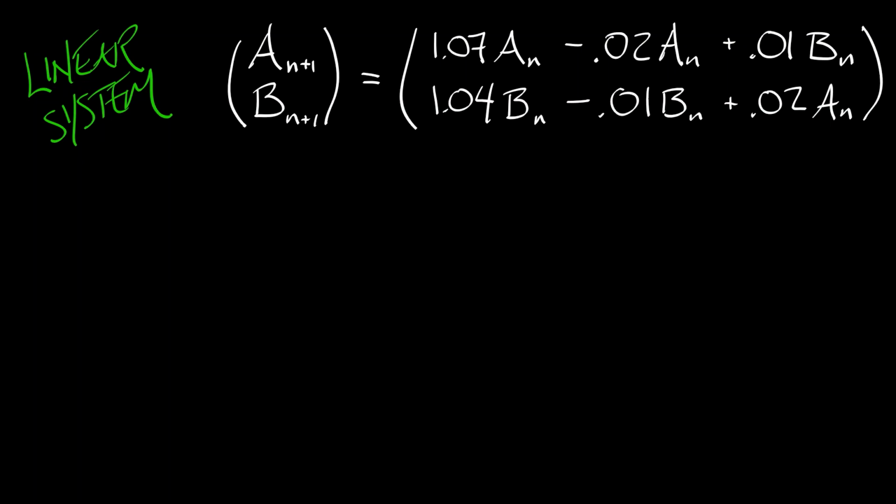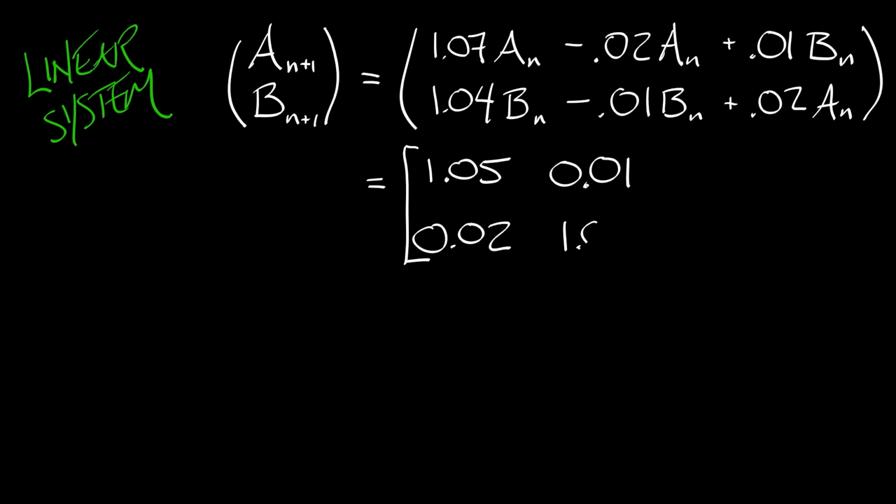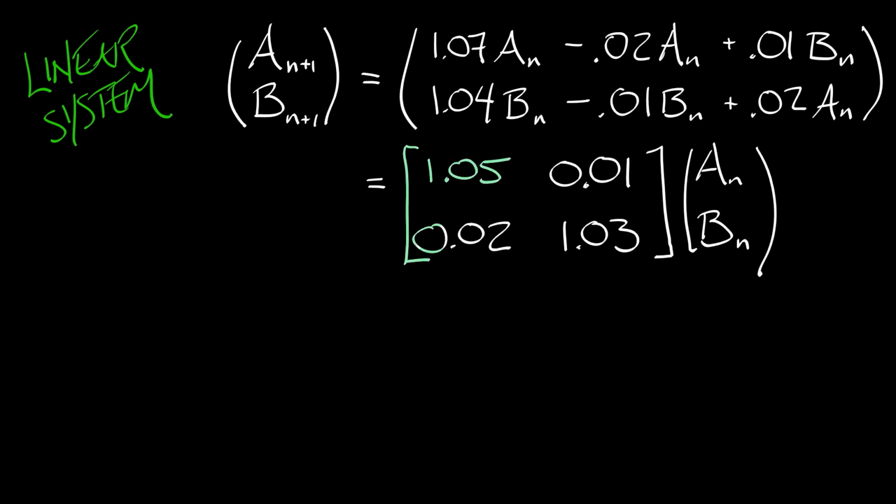If I collect all of these constants into a matrix, the entries are 1.05, 0.01, 0.02, and 1.03. I take that matrix, multiply it by An, Bn. That's my linear system. Okay, so what do we see about this matrix? Well, here are a few facts.